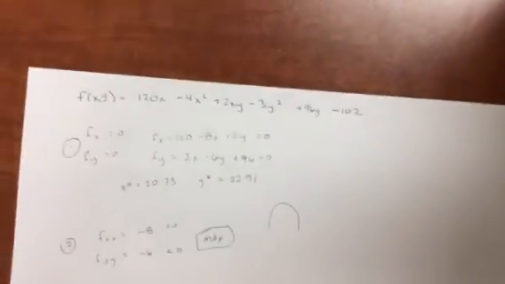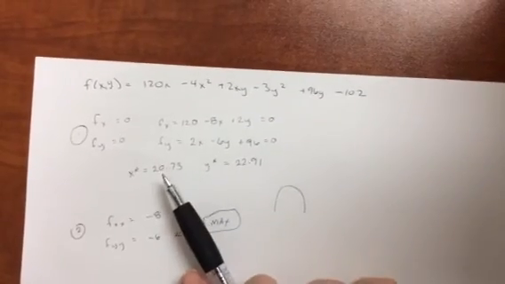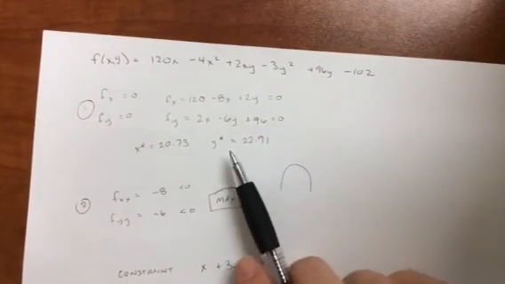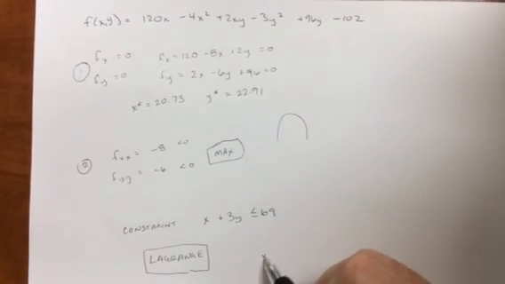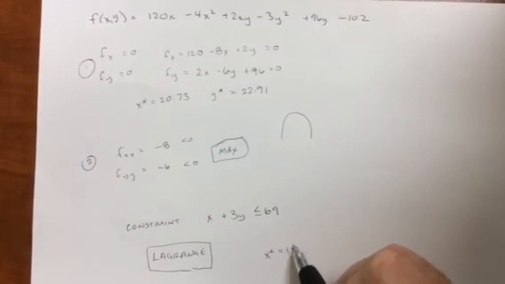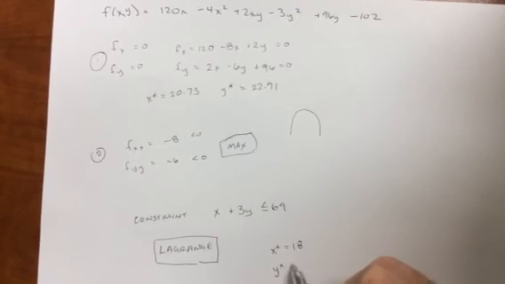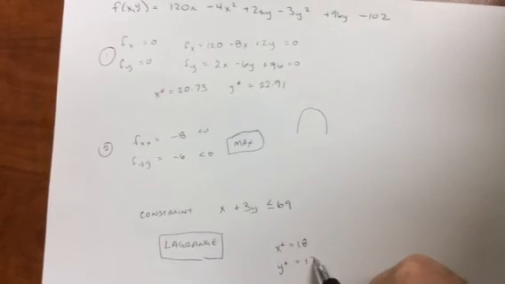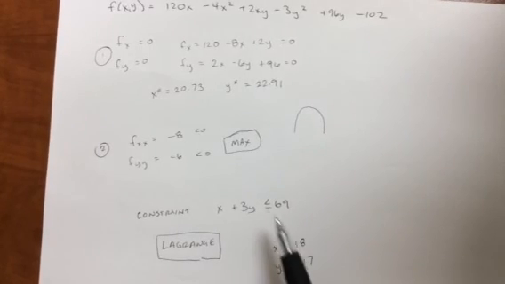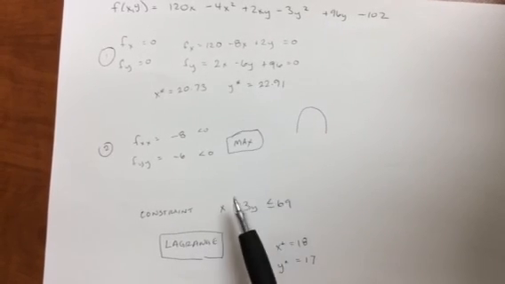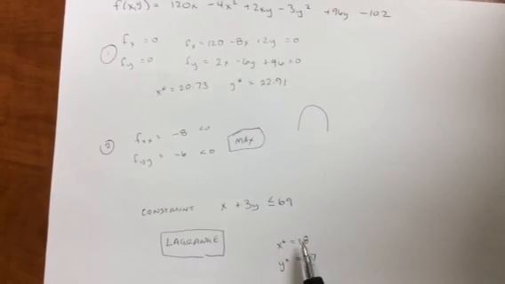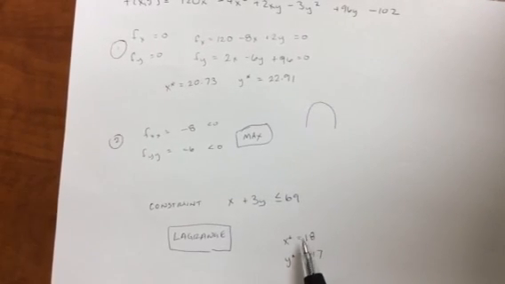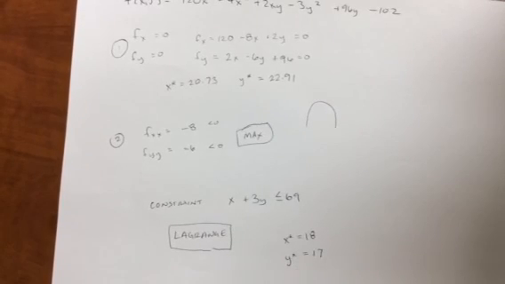Before, to maximize profits, we'd produce 20.73 of x and 22.91 of y. But with our constraint, now x* is equal to 18 and y* is equal to 17. Meaning, given that our machine can only produce a certain quantity of x and y, the way we can make the best profits is to produce 18 of x and 17 of y.